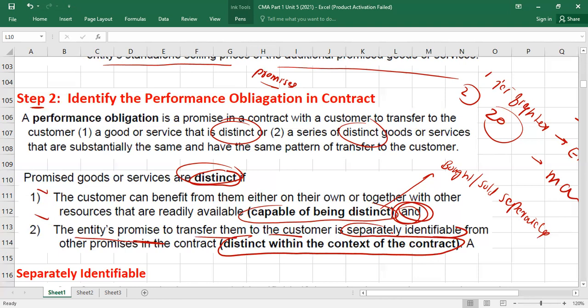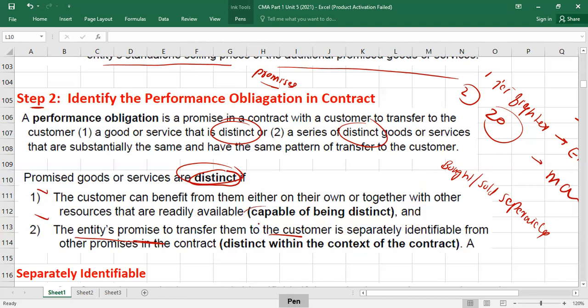Actually, these two points will help you decide whether you have one performance obligation or more than one performance obligation. Let me say it again. Capable of being distinct, and separately identifiable, which is also called distinct within the context of the contract.